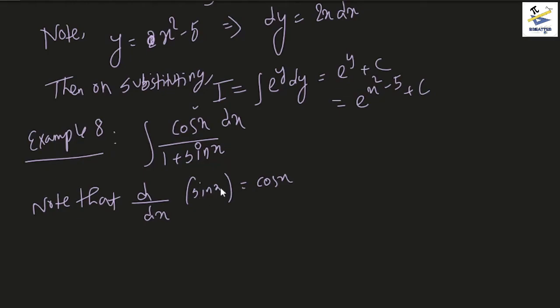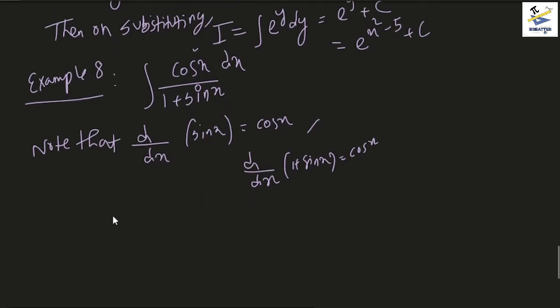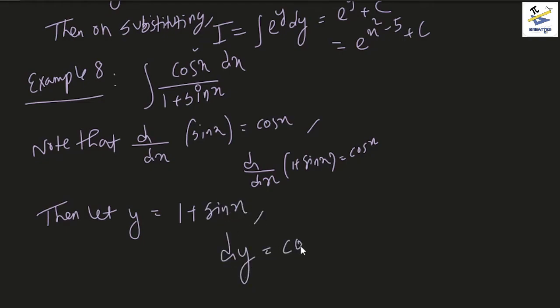So if the derivative of sine x is cos x, then the derivative of 1 plus sine x should also be cos x, right? So rather than going for the substitution y equals sine x, we can directly go for the substitution 1 plus sine x. Let y equal 1 plus sine x, and from that we get dy equals cosine of x dx.